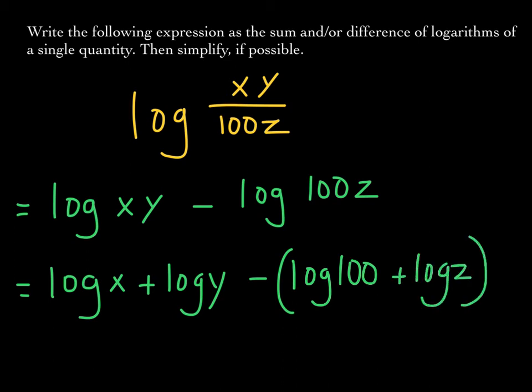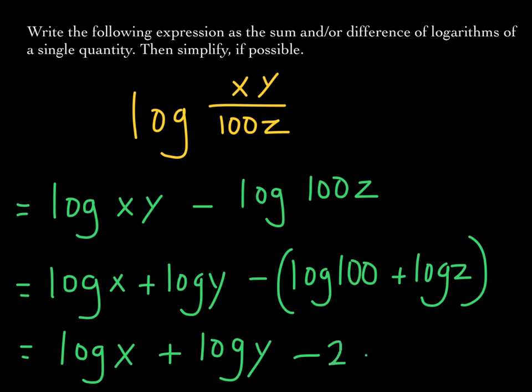That was us using the product rule. All right, so then you're going to have log of x plus log of y minus. Now what I'm going to do is distribute this minus to both of these terms, but in addition to that, we already talked about how log of 100 is just the number 2. So I'm going to rewrite it as minus 2 and then minus log of z.